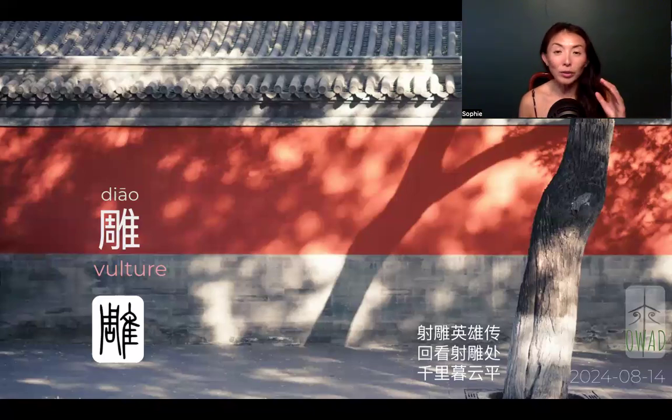So that word was not positive in Chinese, but the diao historically and also embedded in our literature, it's a positive meaning. It's associated with this romanticized fantasy of how heroes have the capacity to interact with the wildlife, and this wildlife represented by this all capable vultures. So that's our Chinese diao.